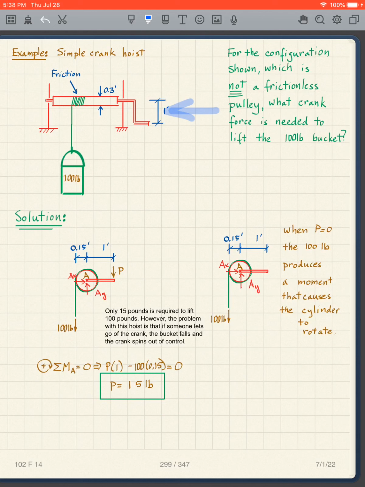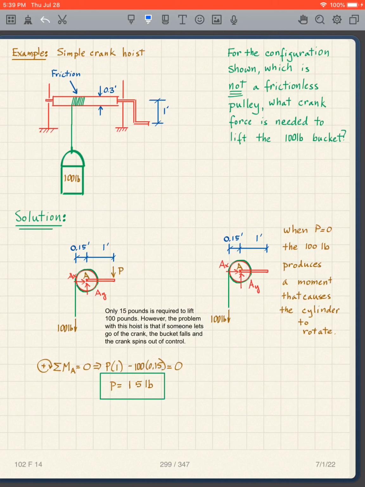Now, if I let go of that P, what happens? Well, if I don't put on a P, I have this, and what's going to happen to this? The 100 pounds is not opposed by anything, and this thing is just going to spin around, and of course that becomes a dynamic problem. So you can see one disadvantage of this particular system, it's very crude, you have to maintain that 15 pounds the whole time.